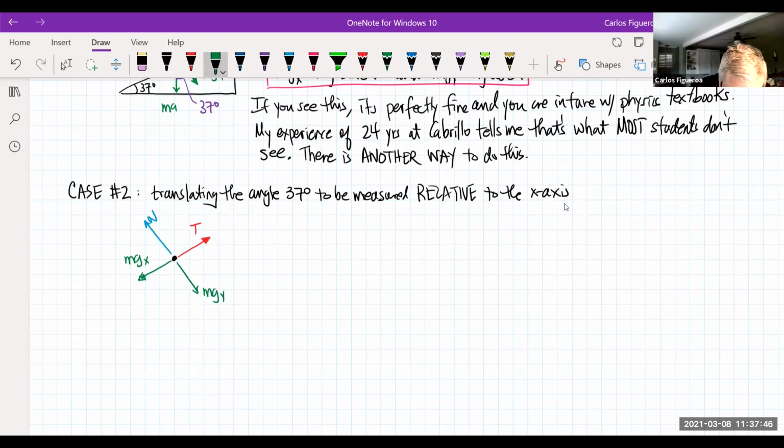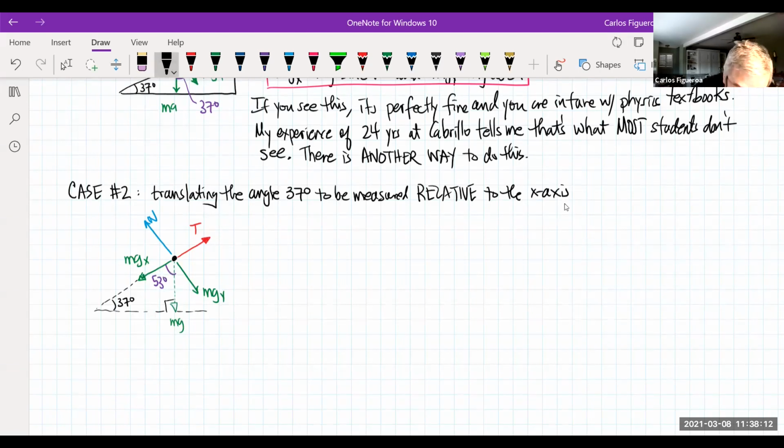Where this guy right here is mg. So when you're looking at this and I start to draw out my triangle, we agree that that's 90 degrees. This angle here is 37 degrees. And this angle is 53 degrees.